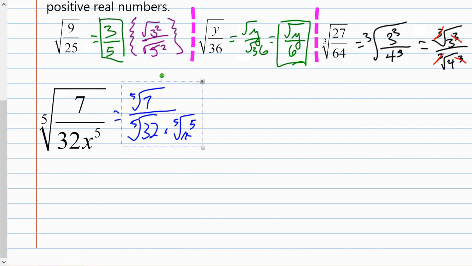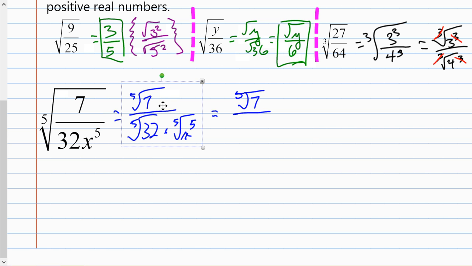And this will allow me to deal with each piece individually. So, is there something that multiplies by itself 5 times to get 7? Well, yes there is, but it's not a nice pretty whole number. So we're going to keep this as a 5th root of 7.